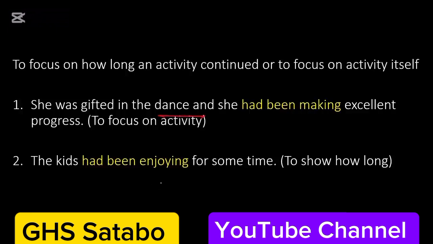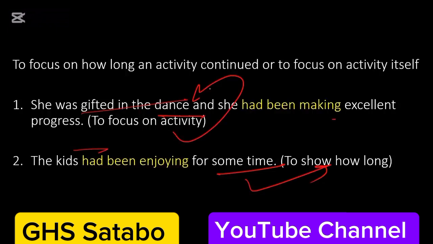Instead, in the second sentence, you are focusing on how long the activity was happening. So some time is the significance to show how long. She was gifted in the dance clearly shows that we are talking about the activity. That's how you can segregate past perfect continuous tense.